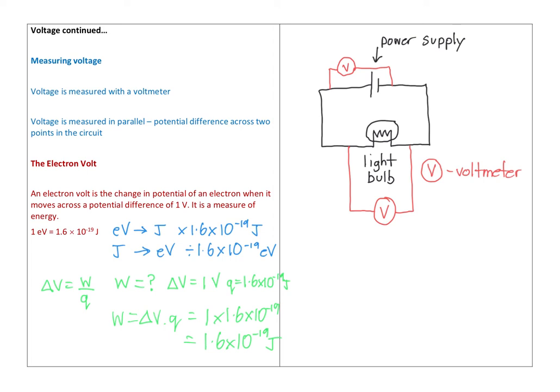They're very energetic, dangerous particles that can damage living matter. So that's where you might have seen the term electron volts and how it relates to voltage and charged particles like electrons. I hope that's clear.